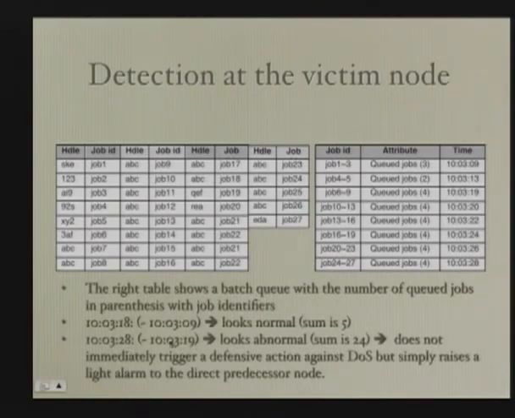In this case, from 10:3:19 to 10:3:29, altogether 24 jobs are queued in a certain queue. Because the threshold is 20, we can say that it looks very abnormal. But in this case, the agent does not immediately trigger defensive actions, but simply raises a light alarm to the direct predecessor node.